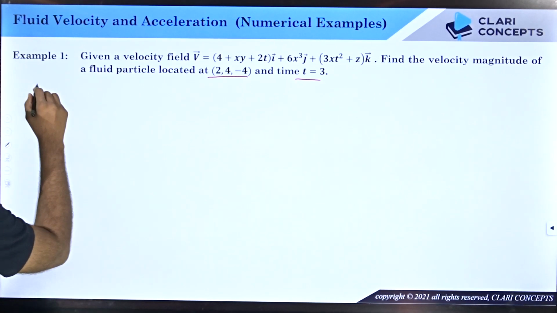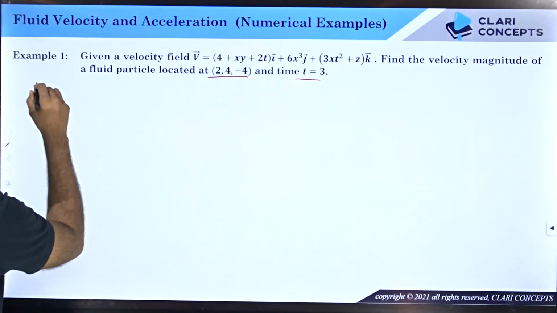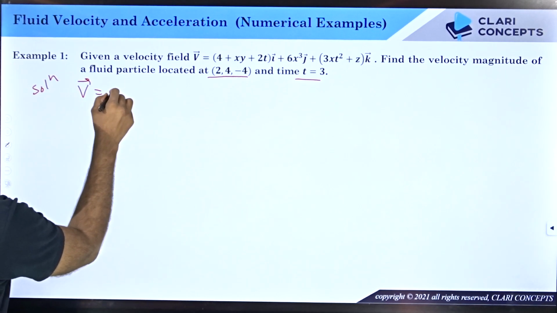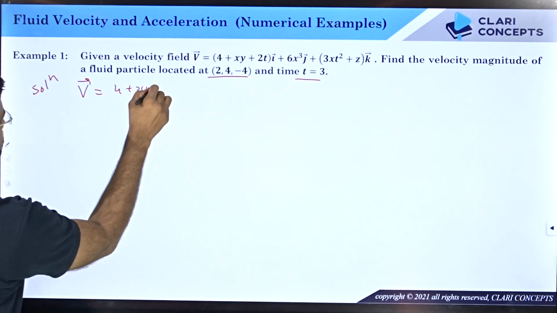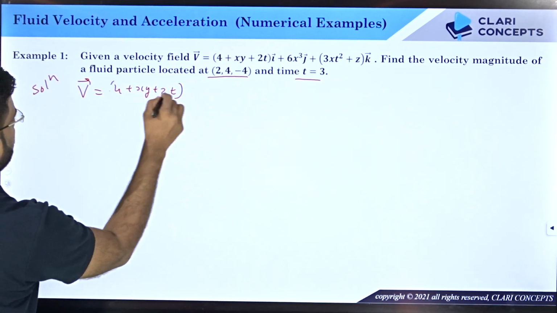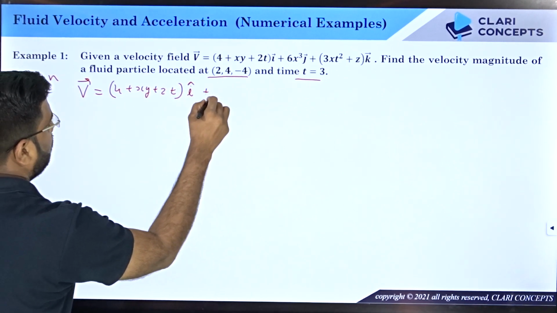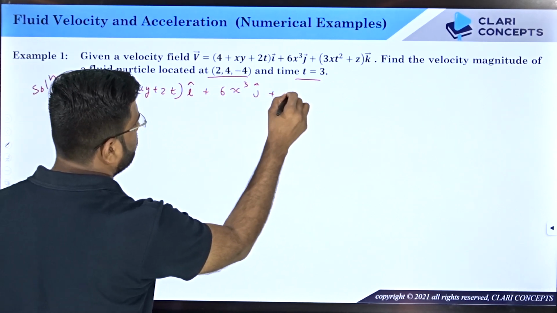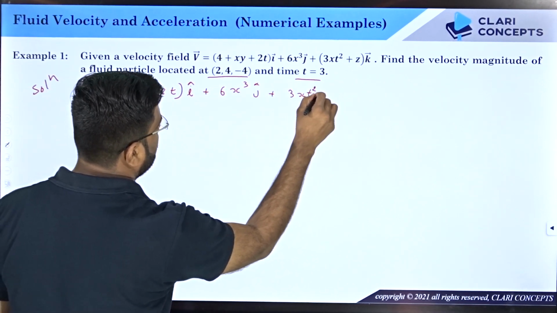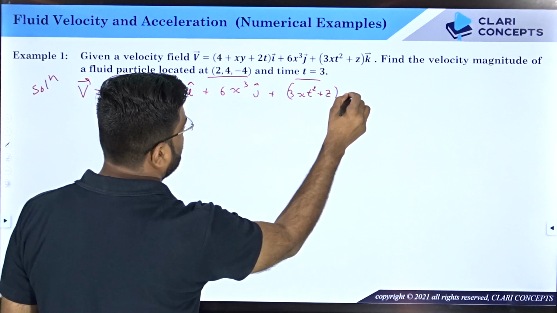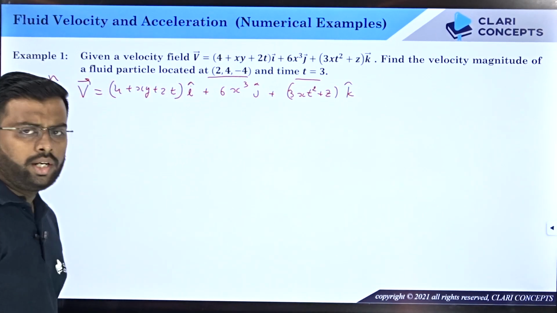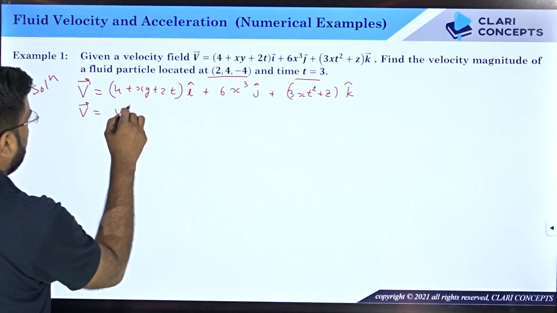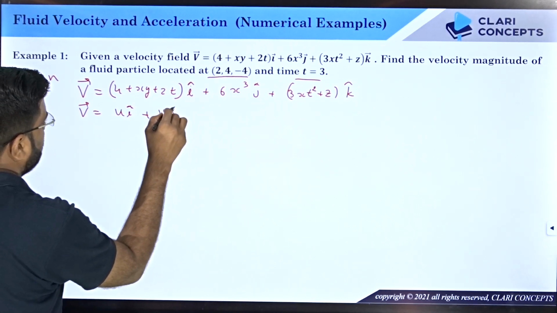So let me go for the solution. v is given as 4 plus xy plus 2t i plus 6x cubed j plus 3xt squared z k.